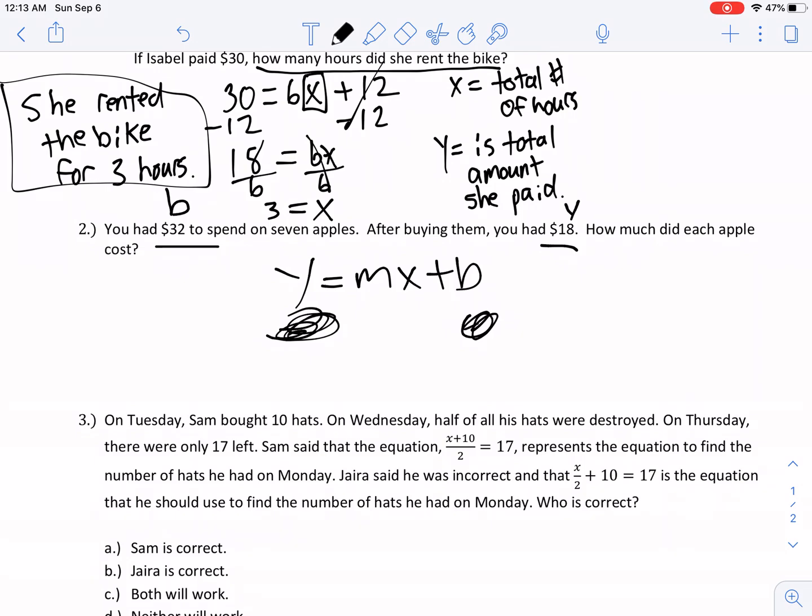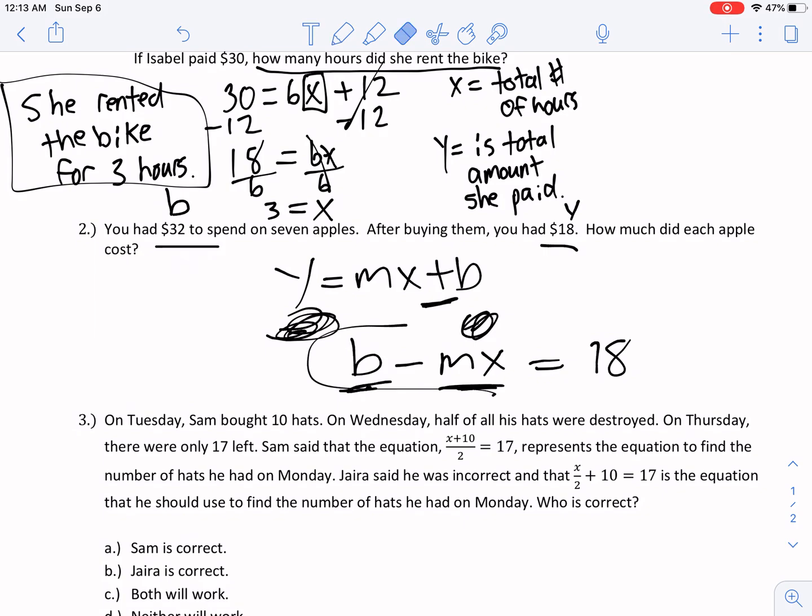Now ask yourself, do we want y equals mx plus b, or are we starting with a total that's being subtracted from? We're starting with 32, subtracting what I spend on my apples, and I end up with 18. So we want to use this form.